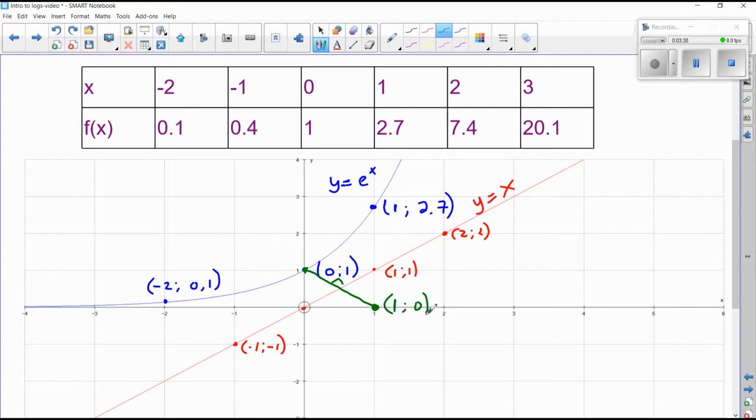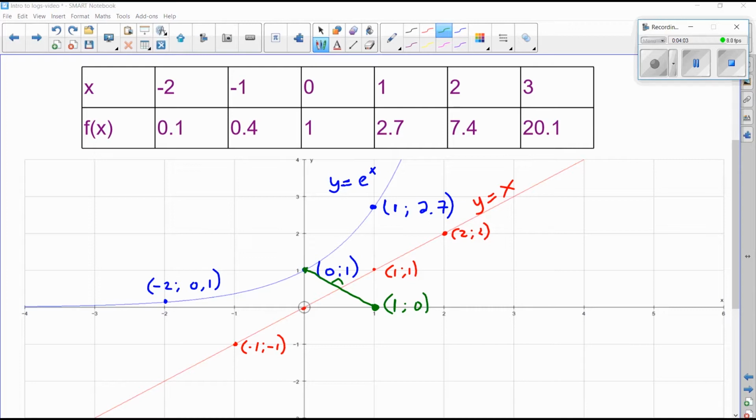So when you reflect about the line y equals x, your coordinates change. In the original function, my x-coordinate was 0 and my y-coordinate was 1. In my image, my x-coordinate is now 1 and my y-coordinate is 0. This happens with each point on the graph y equals e to the x.